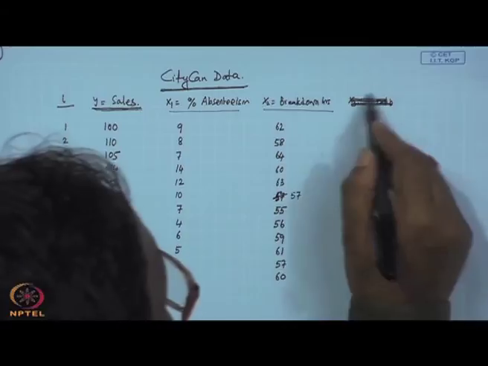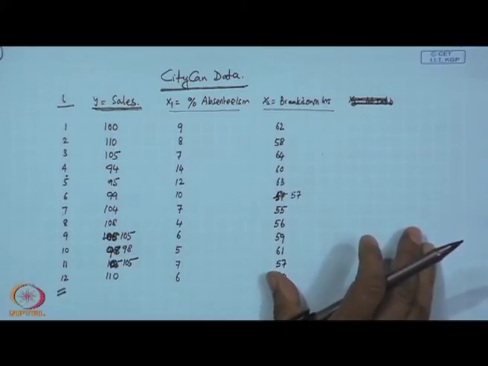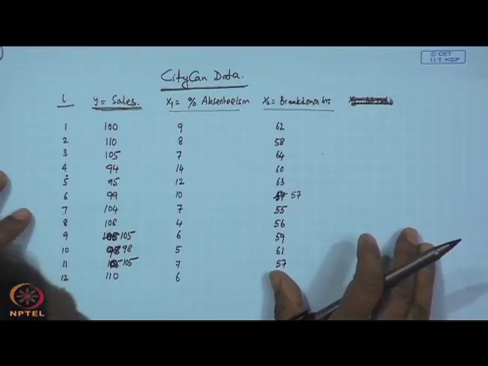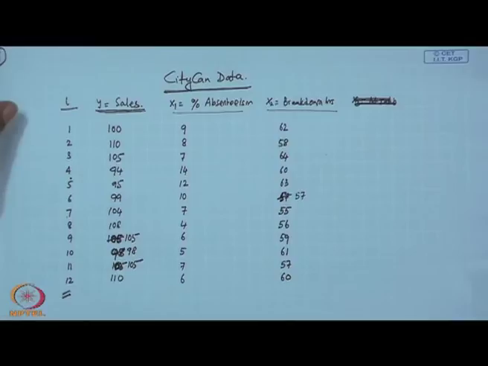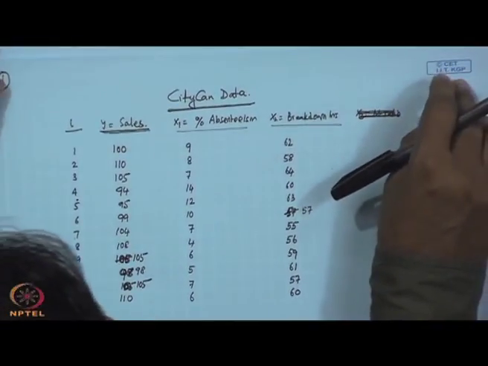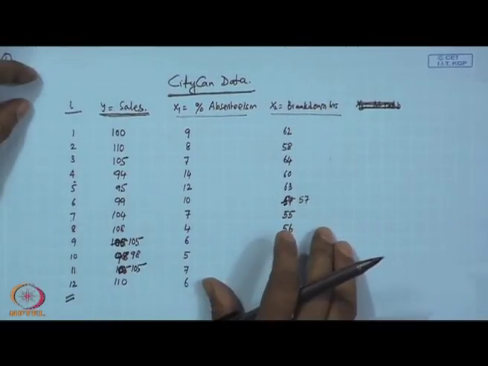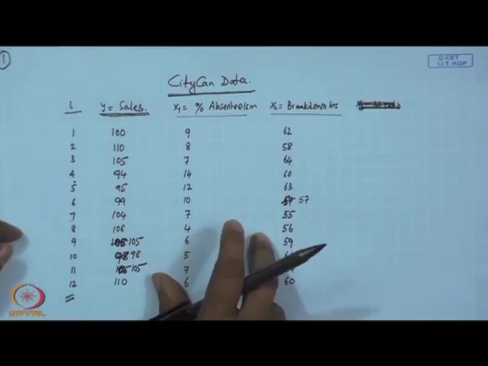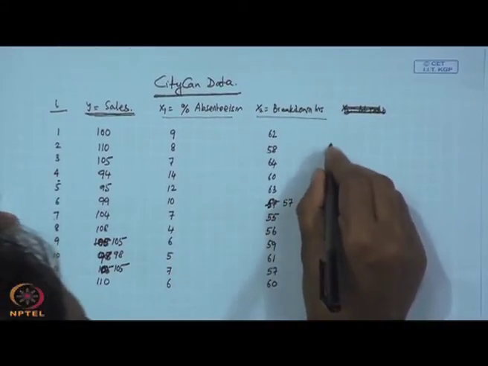We are not considering M ratio for this explanation because the computation will be much more, but you have to collect all possible data for all possible relevant variables, and then you have to develop the regression equation. Okay. With respect to this, what I want to know, I want to calculate beta cap.